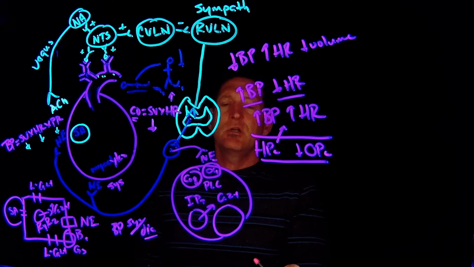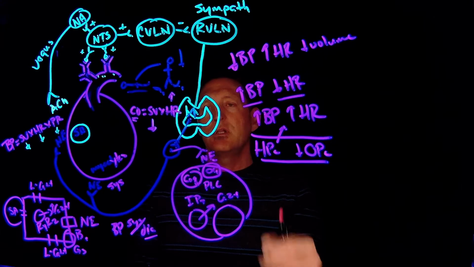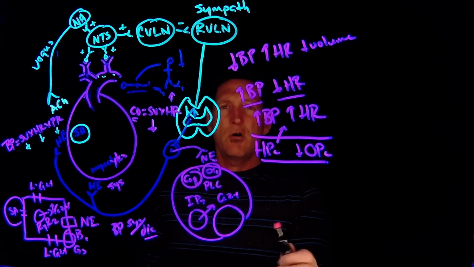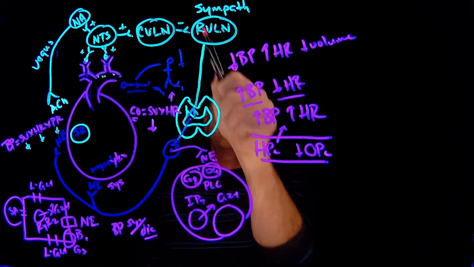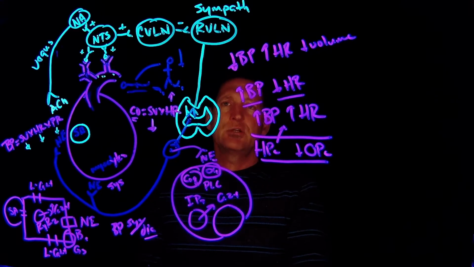So that patient needs to be pharmacologically managed until they can address the tumor on the adrenal gland. Other things that might cause an increase in blood pressure and heart rate could be some type of neurological disorder that's affecting the system up in here, where they're no longer having that inverse relationship.